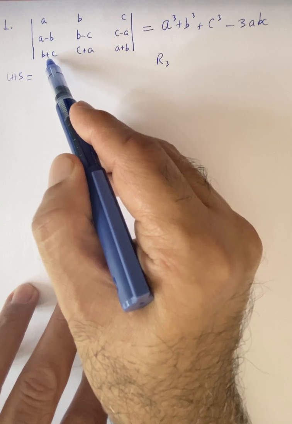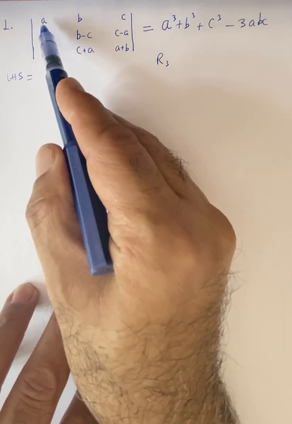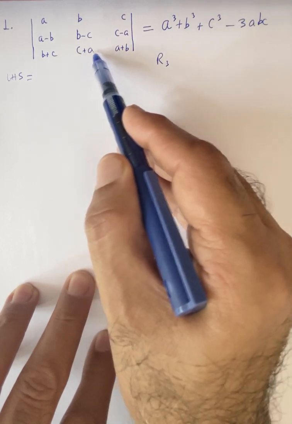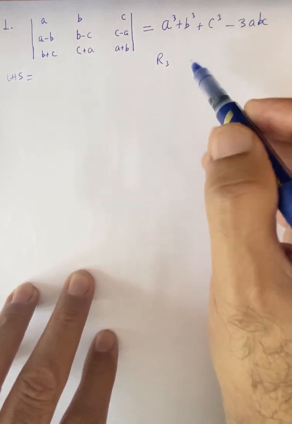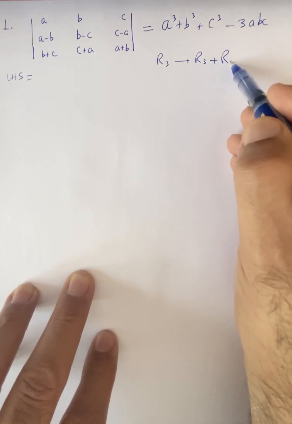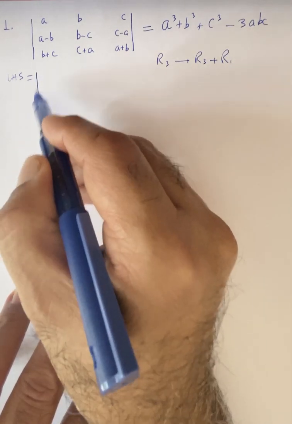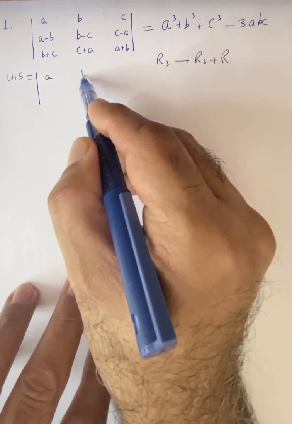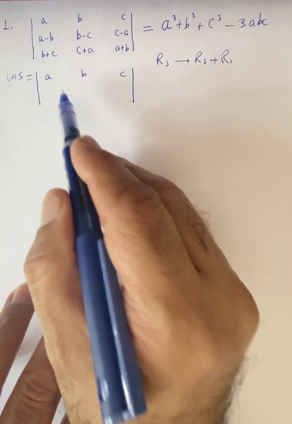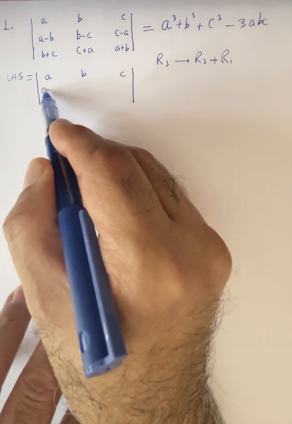We add to the elements of the third row the elements of the first row, so that we have a plus b plus c here, here and here. That's R3 changes to R3 plus R1. First of all, we write the elements of those rows where there is no change: first row, second row.